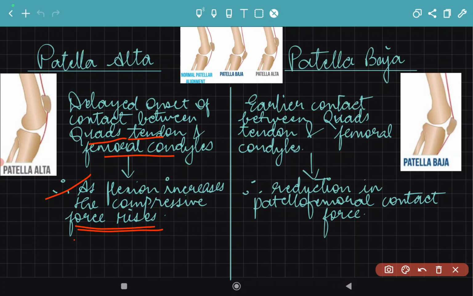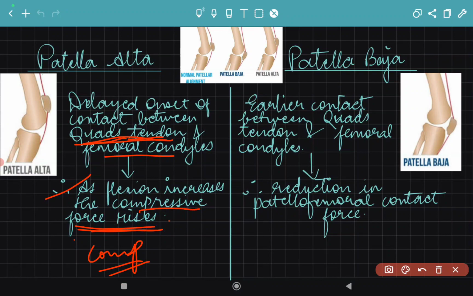And in patella alta, the quadriceps tendon, which was there normally, has that contact delayed. So the contact area, which normally increases to dissipate the compressive forces, is now absent as the quadriceps tendon is making delayed contact with femoral condyles. So as knee flexion is progressing, the compressive force will rise.